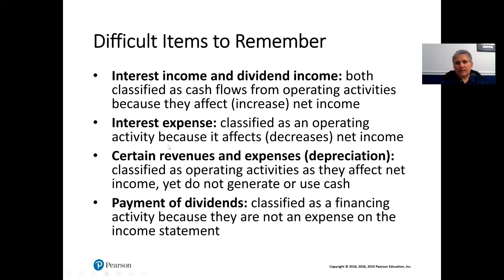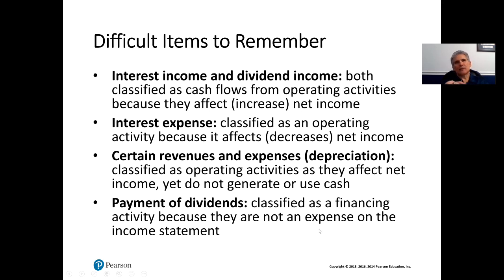Certain revenues and expenses, such as depreciation, are classified under operating activities as they affect net income, yet they do not generate or use cash. So we have to make adjustments associated with depreciation and amortization. We talked about that. The payment of dividends, though, is classified as financing activities because they're not expenses.